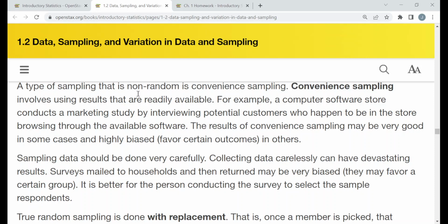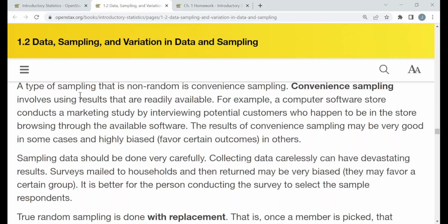Most sampling methods that are considered valid are random in nature. This last sampling method is non-random and therefore considered not all that valid, not a good way to collect the sample.